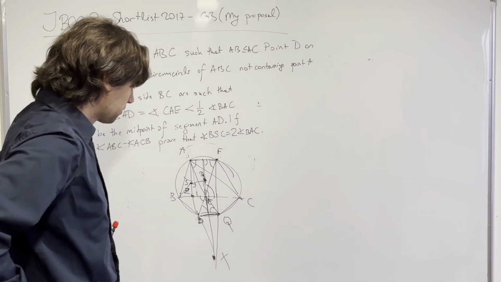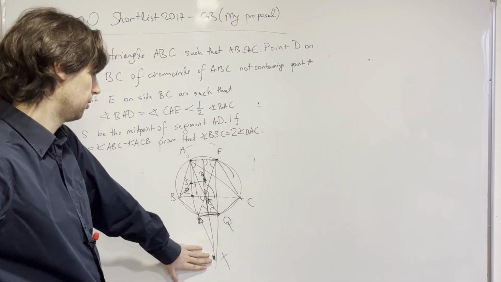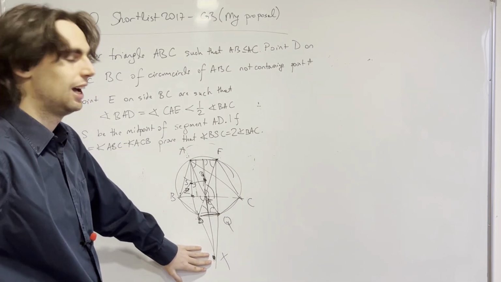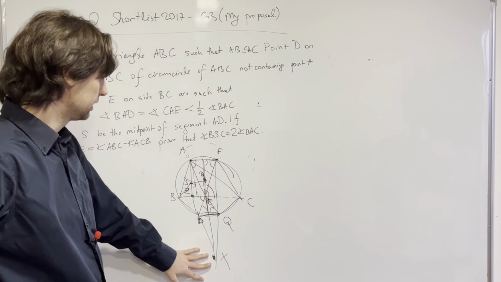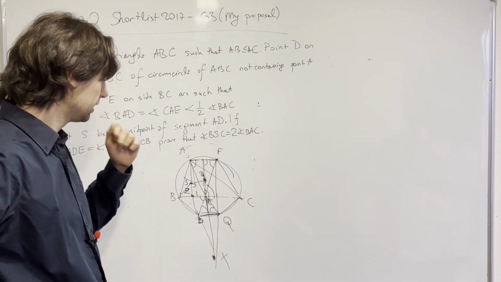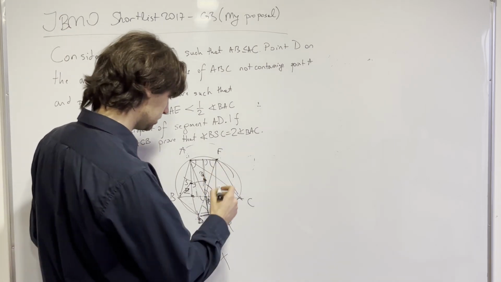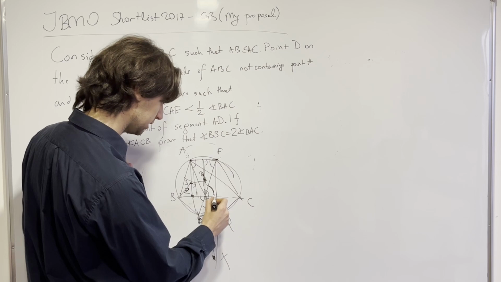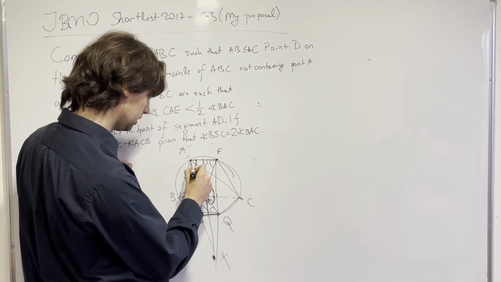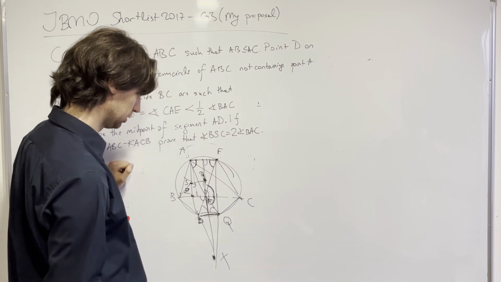So now, first question is, what do I have for this point X? And the answer is, why do I intersect these? I intersect these because now I can use some facts. Some of the facts that I can use is that you see this angle is equal to this one, is equal to this one, is equal to this one.